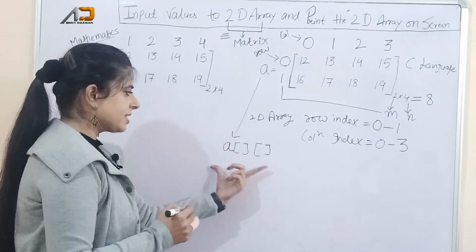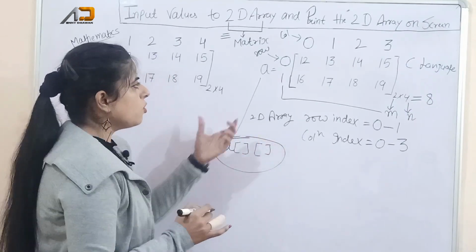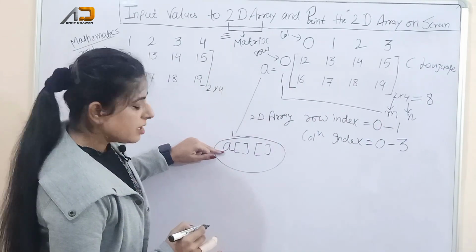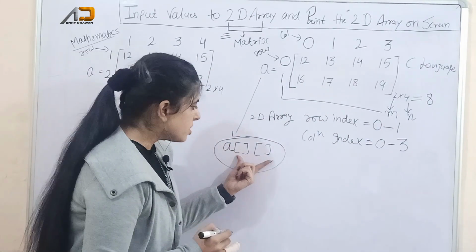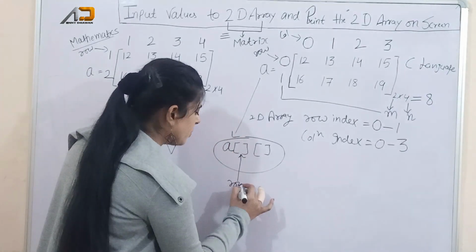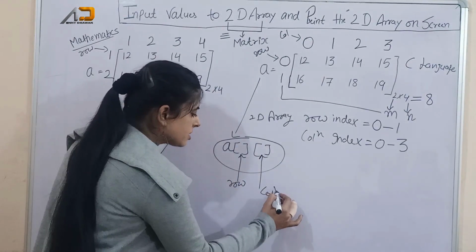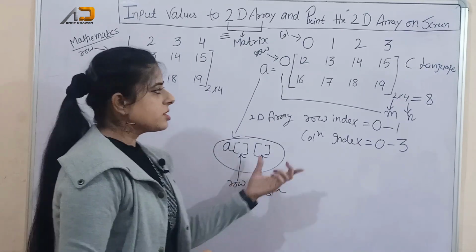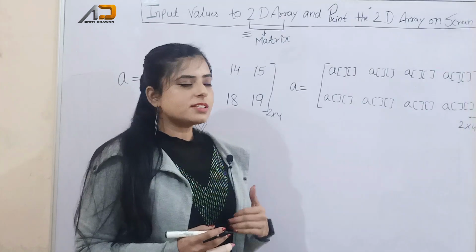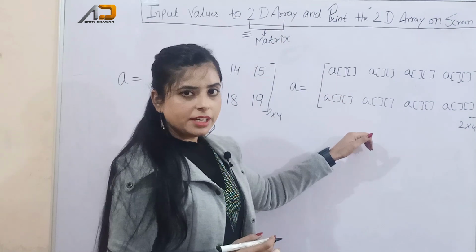One can access any particular element of this 2D array by specifying the name of the matrix followed by 2 subscripts, and here the first subscript refers to the row index and the second subscript refers to the column index of that particular element in the matrix.